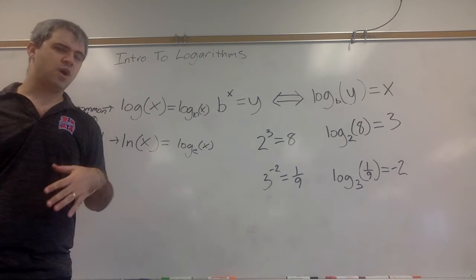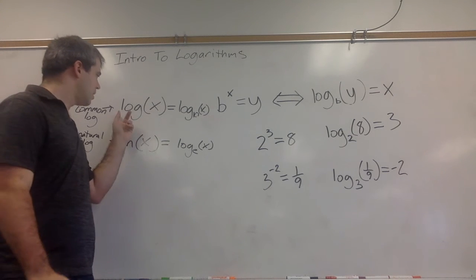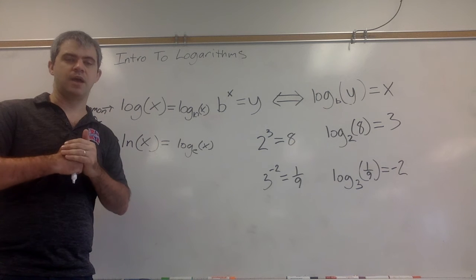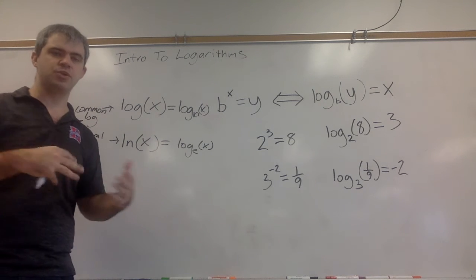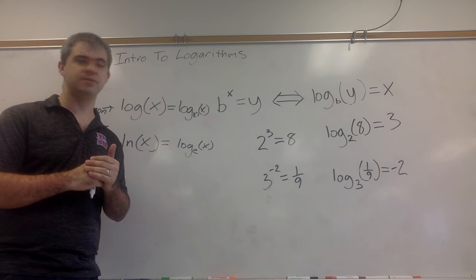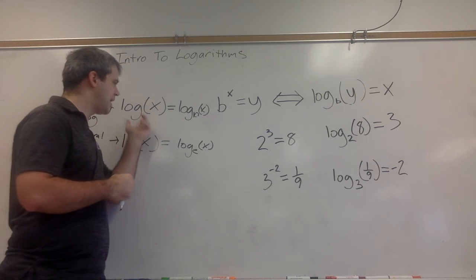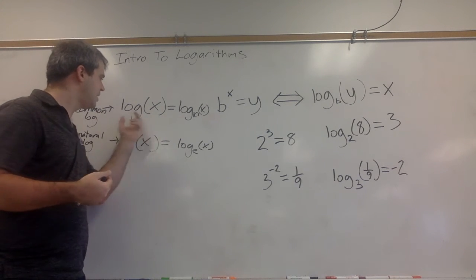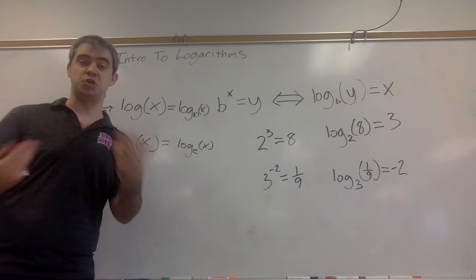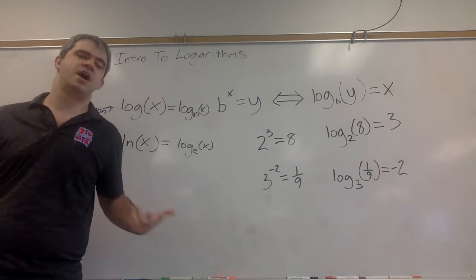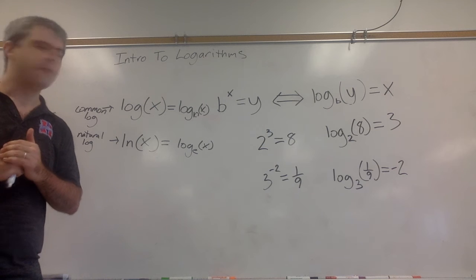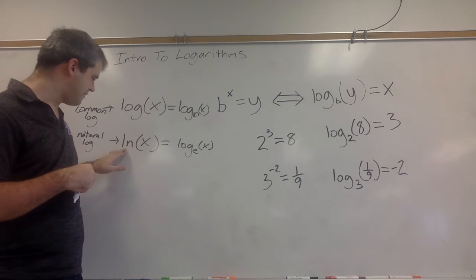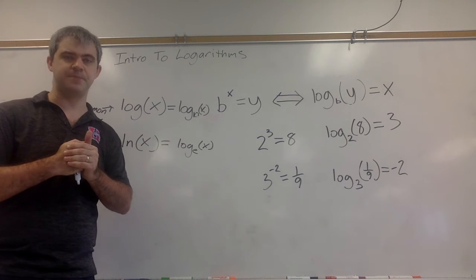You will stumble across some textbooks where this is actually base e, okay? So be very careful to make sure you understand what the author means when they don't have one there. Sometimes in computer science textbooks, this will actually be base 2, okay, because that's what they most commonly use there. But in our class, if you see no base, it's 10. If it's natural log, that's base e.